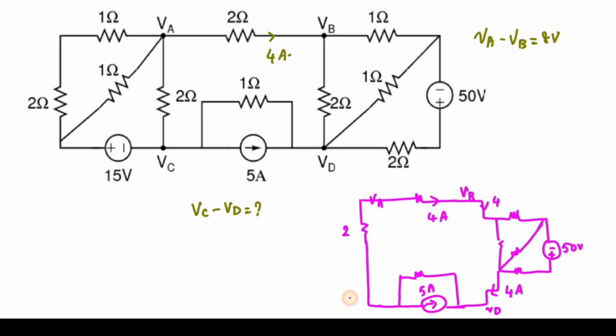So if this is 5 amps and this is 4 amps, the current flowing through this one is 9 amps. So the voltage across this one is 9 volt. The current is flowing in this direction, so it is minus 9 volt. So my VC minus VD is equal to minus 9 volt.